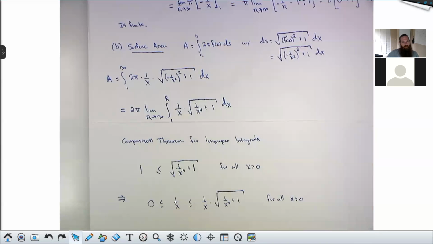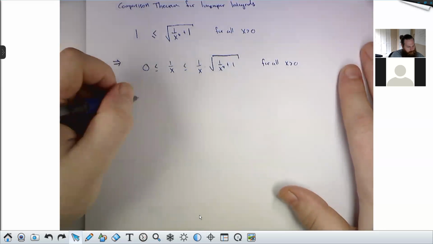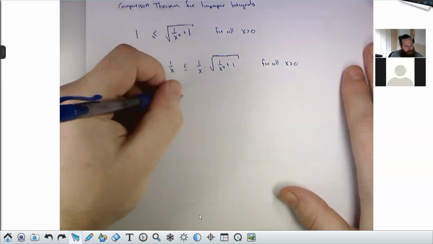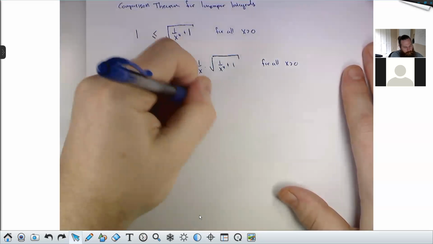This means that this inequality is true, which means that the integral of this has to be bigger than the integral of this. So the integral from 1 to infinity of 1 over x dx is less than or equal to the integral from 1 to infinity of this, which is the thing I'm trying to do.